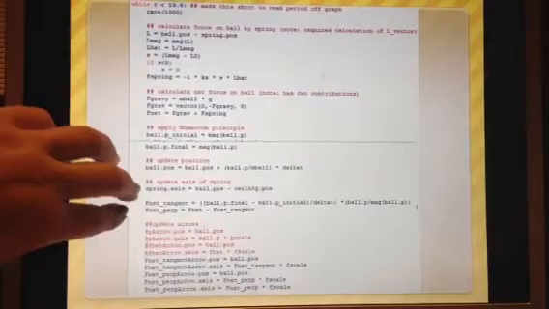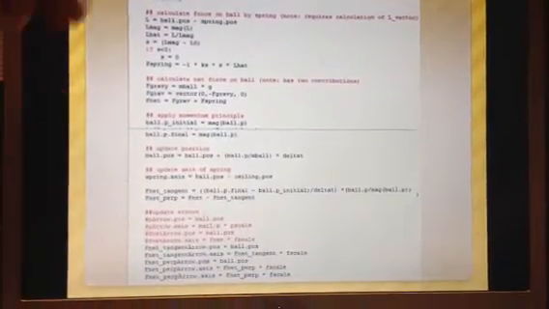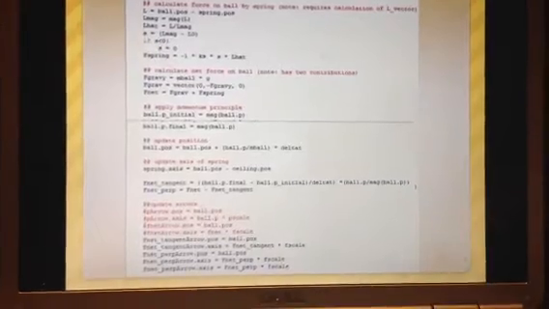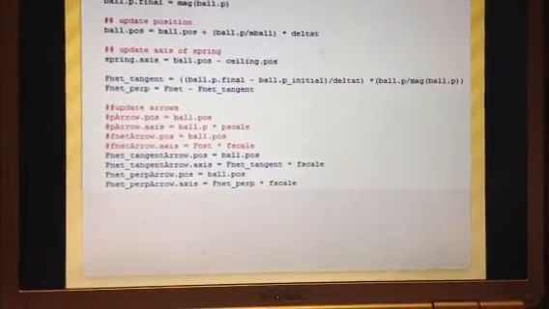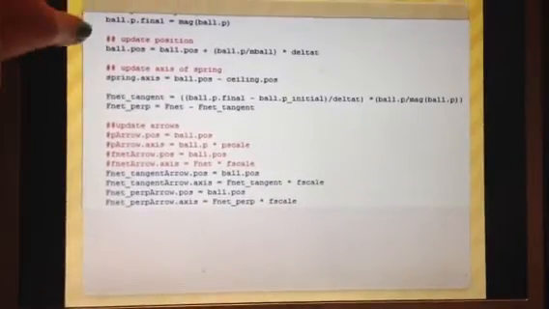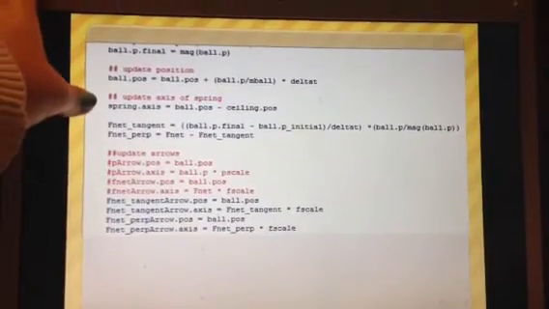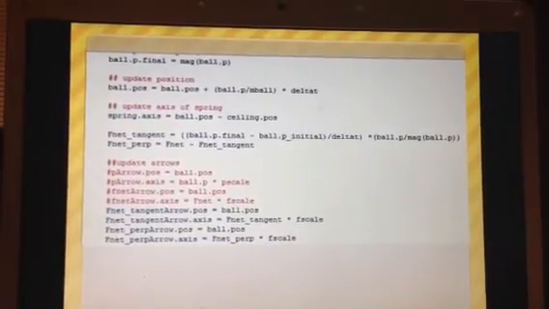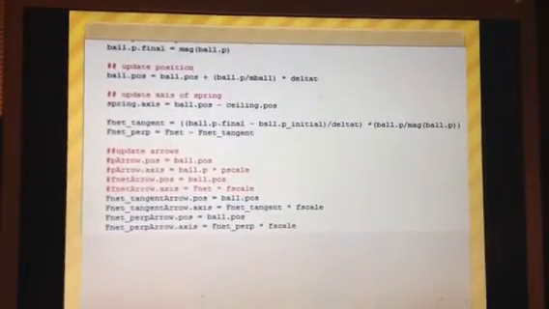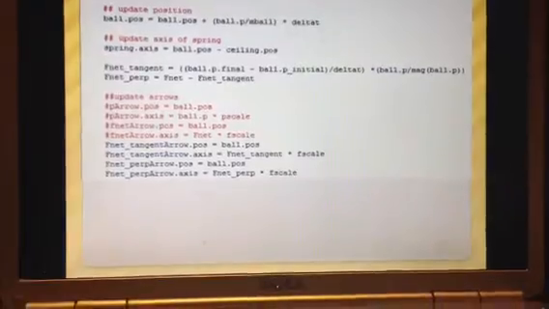Down here you can see F net tangent and F net perpendicular, and all this is going to be updating every smaller than a second. So we're going to get very accurate results. Here's the last little bit of calculations. Again, updating the position, looking at the spring axis, and updating that so we can have it moving the way it needs to be moving and modeling it correctly. So now I'm going to show you my model.